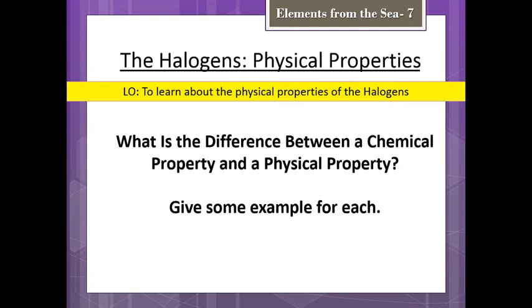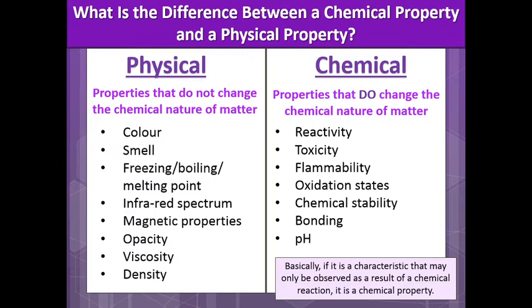But what we should be talking about right now are the chemical and physical properties. These are linked to the changes. So what is the difference between a chemical property and a physical property? Physical is, just like with a physical change, a property that does not change the chemical nature of the matter. So for example, the colour that a material is, is a physical property.